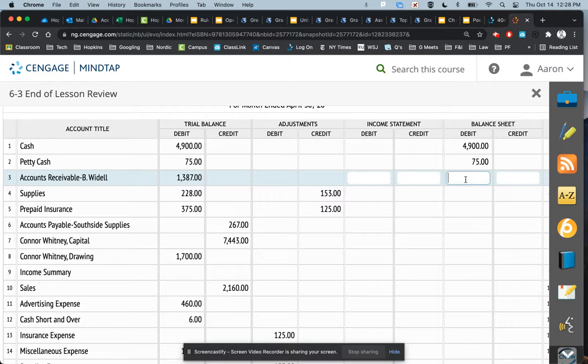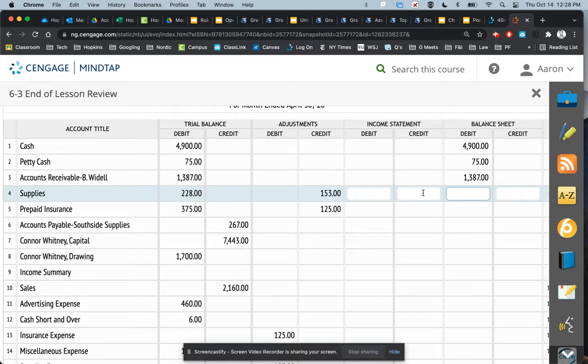Accounts receivable, debit balance of $13.87. Supplies. Now this one is the only tricky one, all right? Well, this one and insurance, the same thing. If you look over here, supplies has a debit balance of $228. However, there's a credit in the adjustments column for $153.